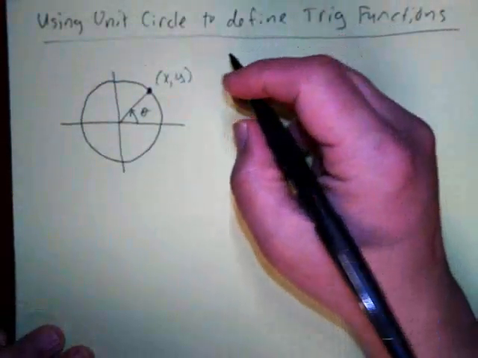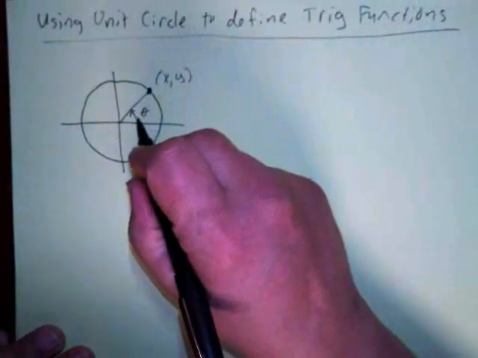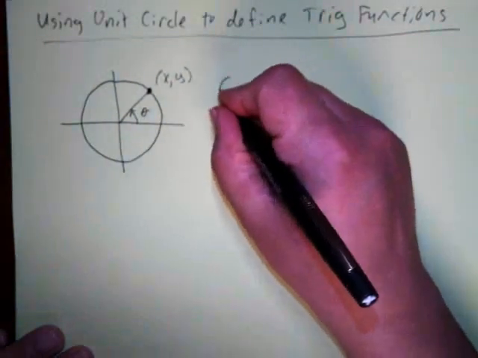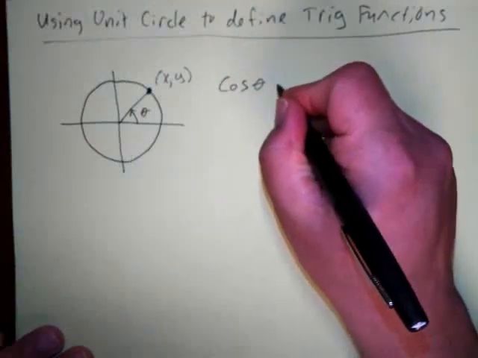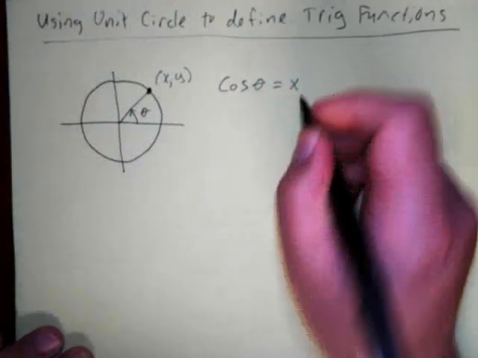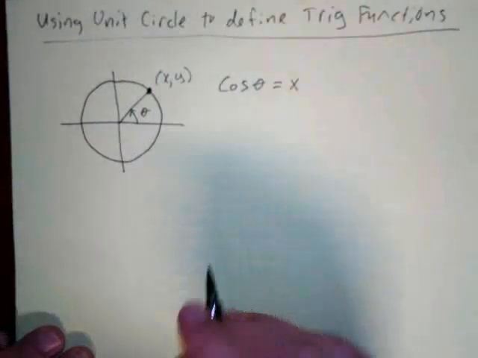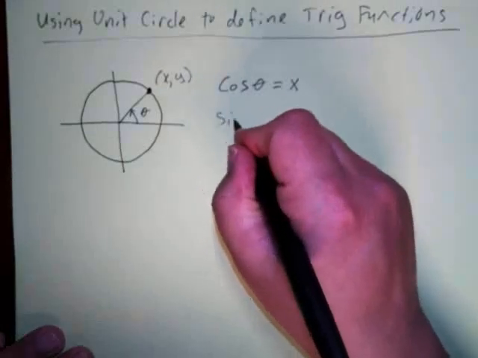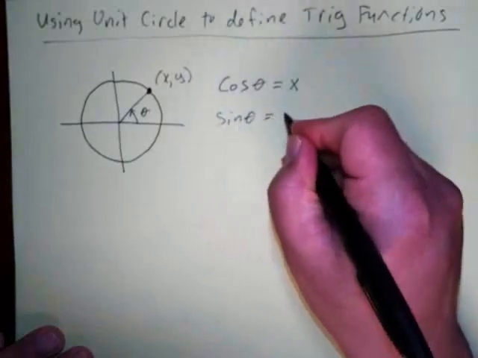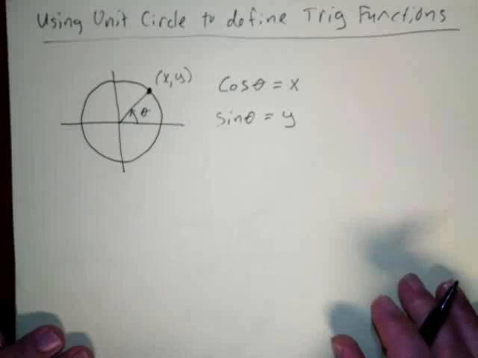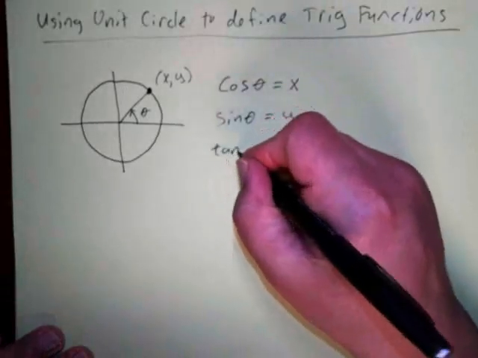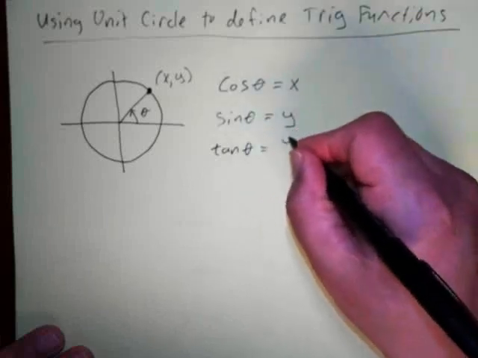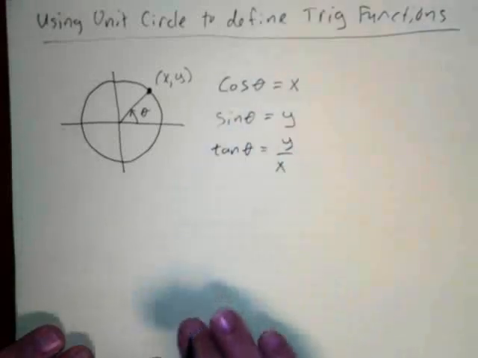And what we do is we define the cosine of that angle, wherever it stops, that's the angle theta, to be the x-coordinate on the unit circle. We define the sine of theta to equal the y-coordinate on the unit circle. And we define the tangent of theta to just be y over x.